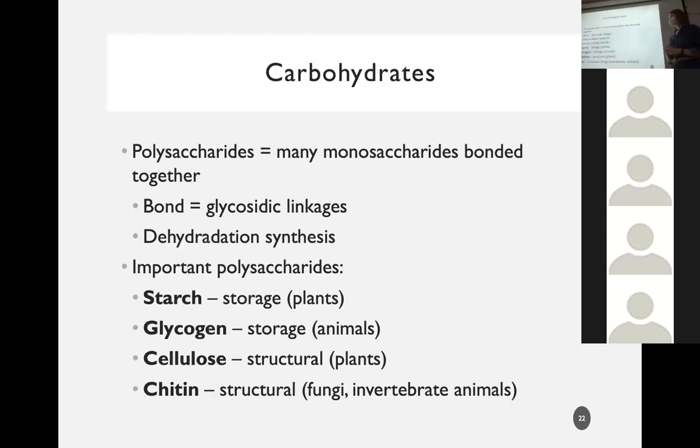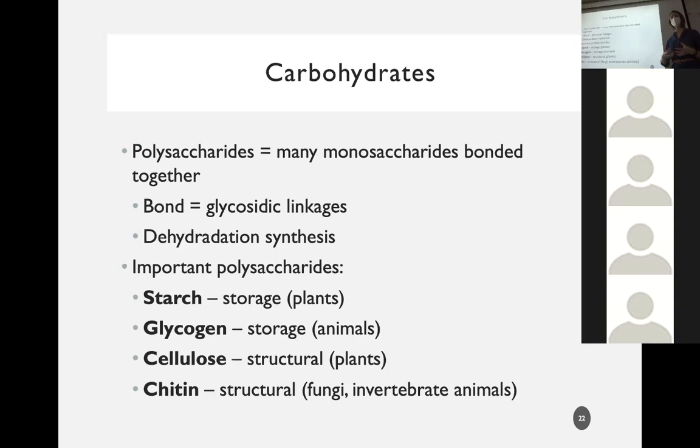And there are 4 important polysaccharides that you should be familiar with. I'm not going to talk about their structure, like what individual units they're made of. I really just want to talk about their function, and then, well, I have a little bit about some general structure stuff for, I think, cellulose and chitin. So starch, you've probably heard of starch. It stores energy in plants.